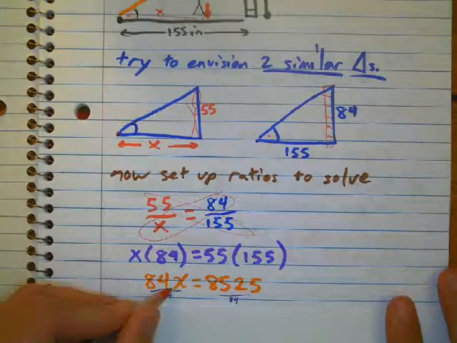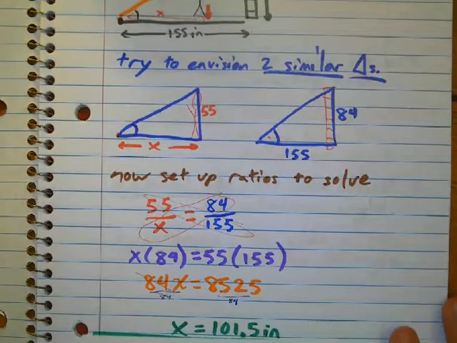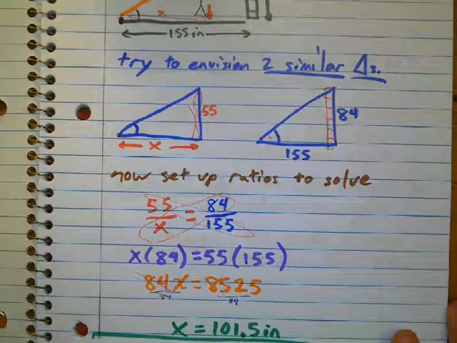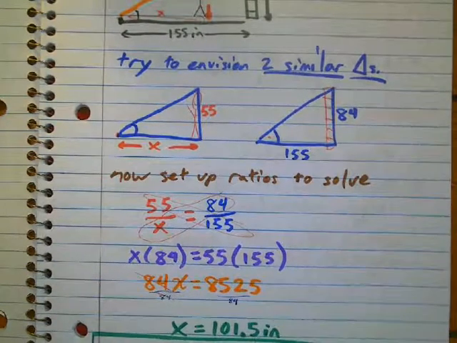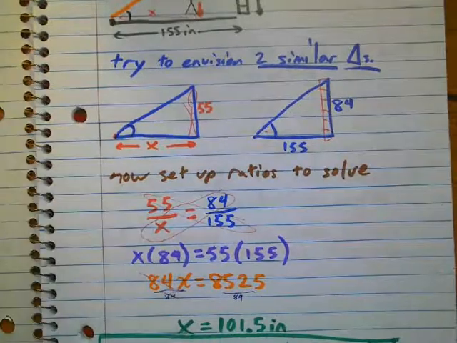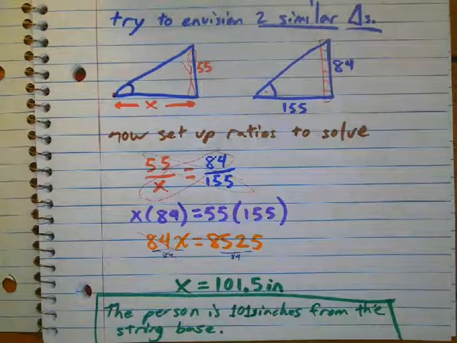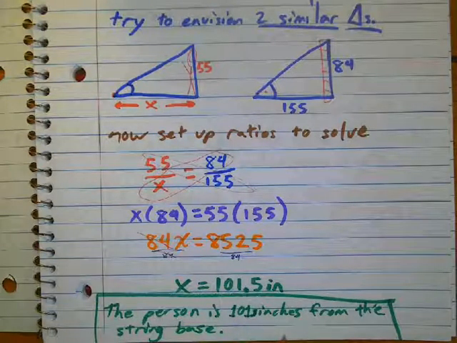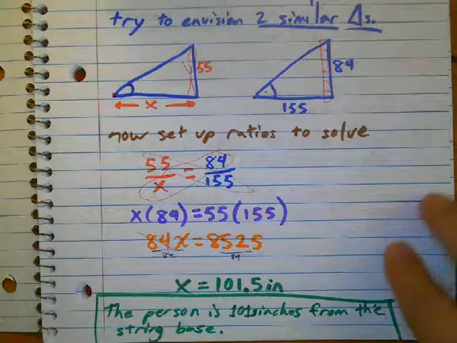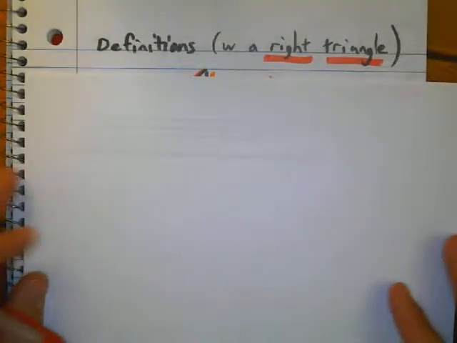That's going to make this go away, and then I end up with x equals 101.5. So what does that mean? So 101.5 is the distance that the person is standing away from the string where it's tied. Okay. So you may want to hit pause if you need more time to copy this down.